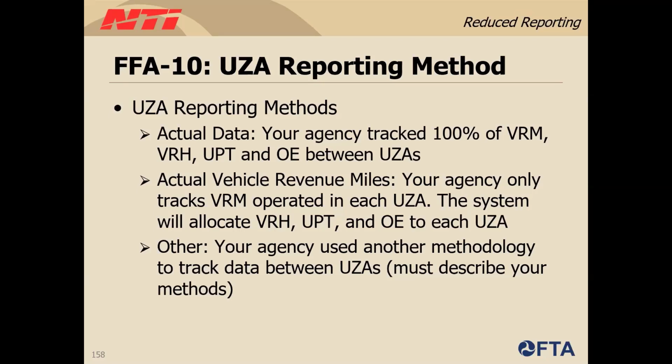Actual vehicle revenue miles means that your agency only tracks VRM operated in each UZA. The system will then automatically allocate the remaining data points, such as VRH, UPT, and operating expenses, based on the VRM data that you report. The last option, other, means that your agency used another methodology to track data between UZAs, and you must provide a description of this method.